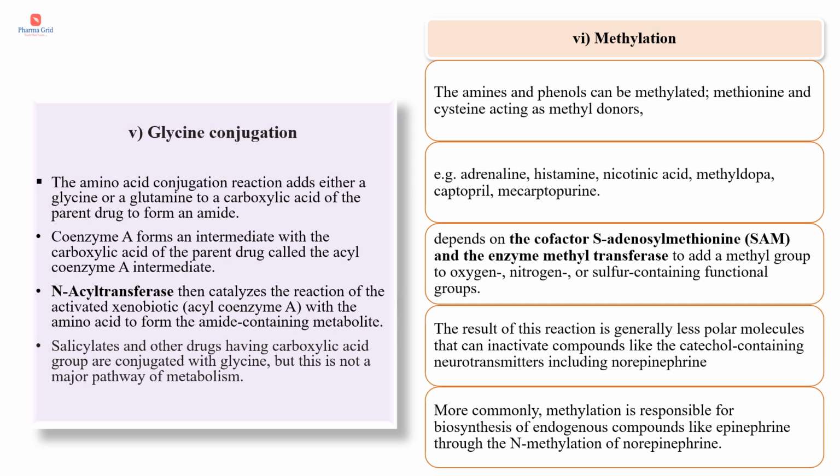The result of this reaction is generally less polar molecules that can inactivate compounds like the catechol containing neurotransmitters including norepinephrine. More commonly, methylation is responsible for biosynthesis of endogenous compounds like epinephrine through the N-methylation of norepinephrine.